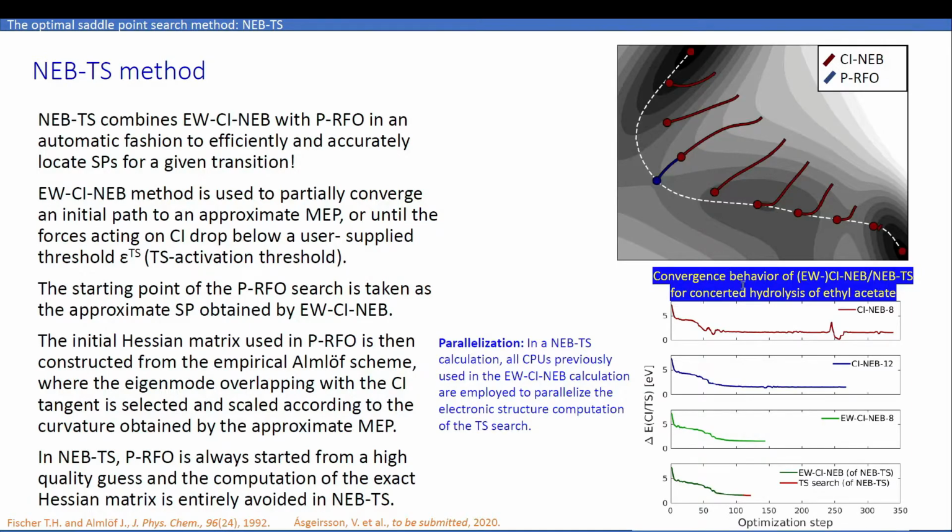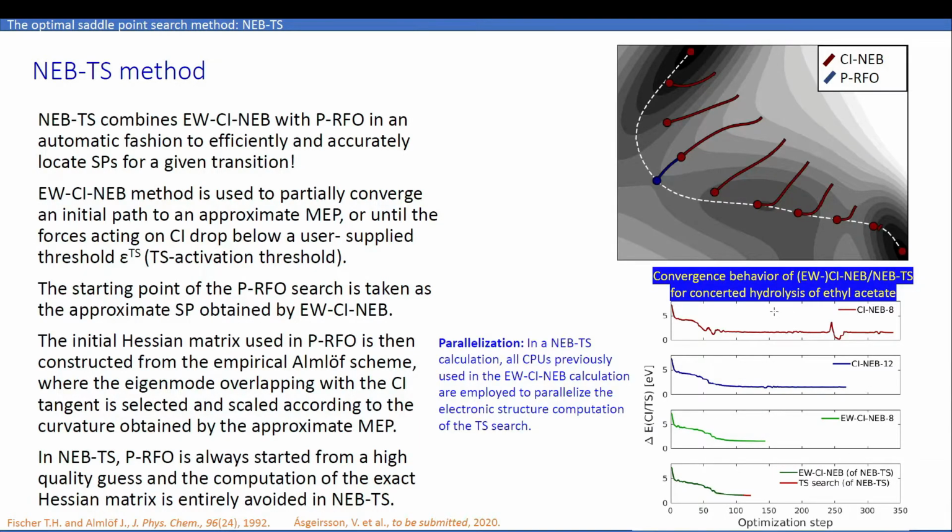And in this figure, we show the energy barrier as a function of optimization step for the concerted hydrolysis of ethyl acetate. The results from standard clamping image NEB calculations using both 8 and 12 images, energy-weighted clamping image NEB calculations using 8 images, and NEP-TS calculations using 8 images.